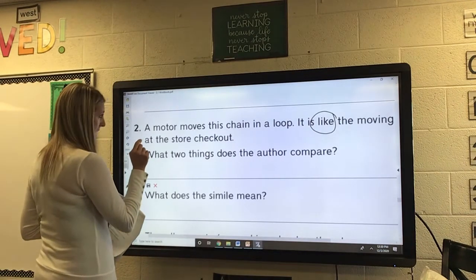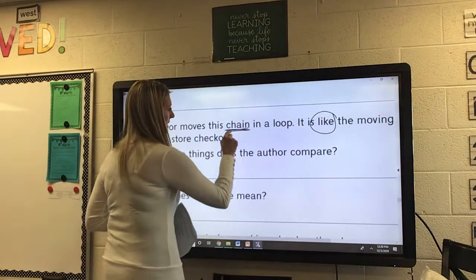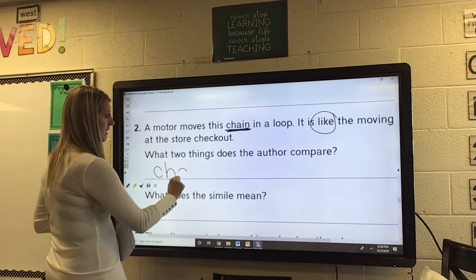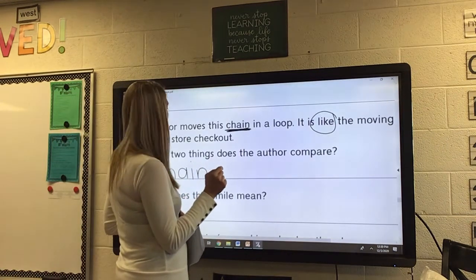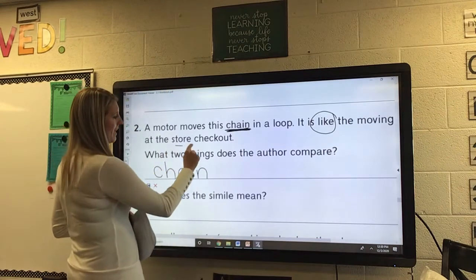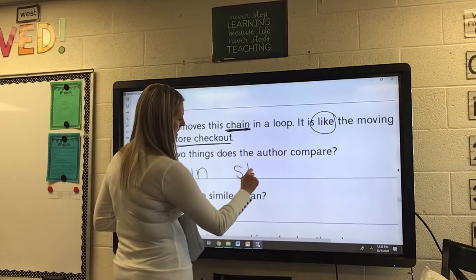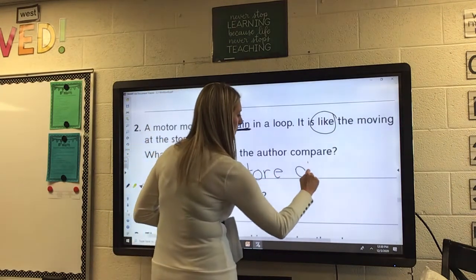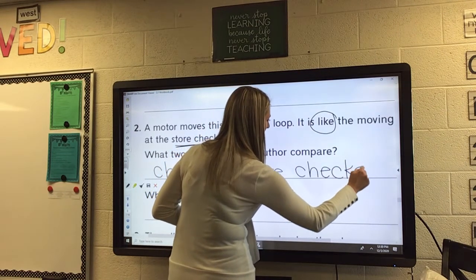a moving chain. So a motor moves this chain. So it'd be like a moving chain, or let's just put chain. In a loop, it's like the moving at the store checkout. So the store checkout would be the other thing I'm comparing. Okay, so now I have to think, what does that mean?